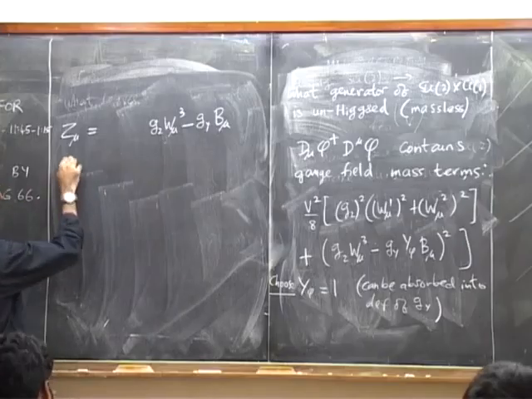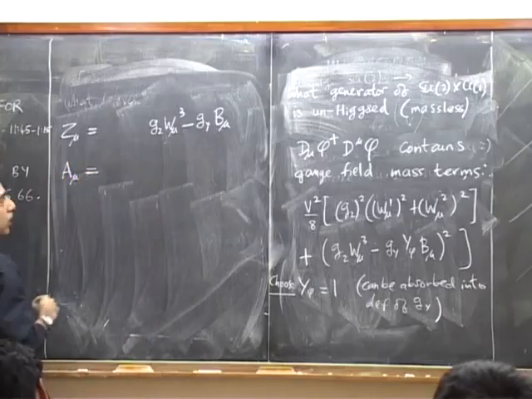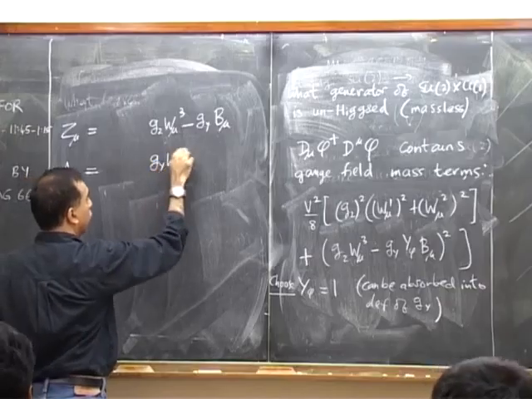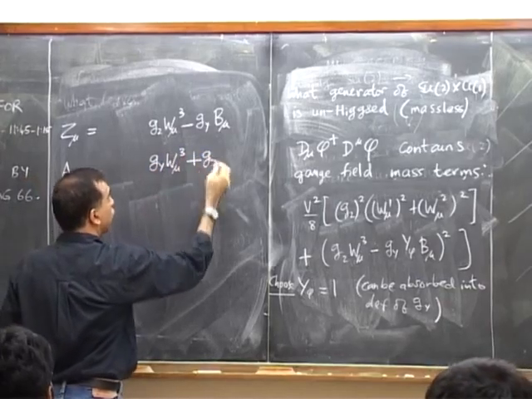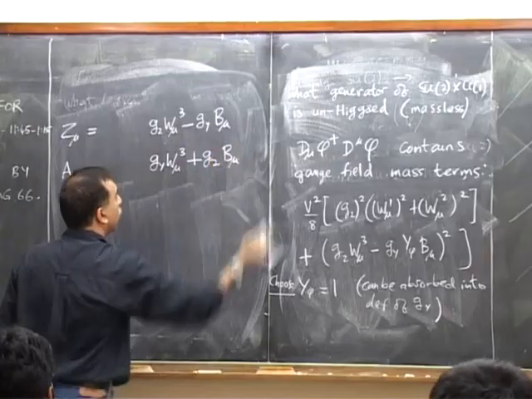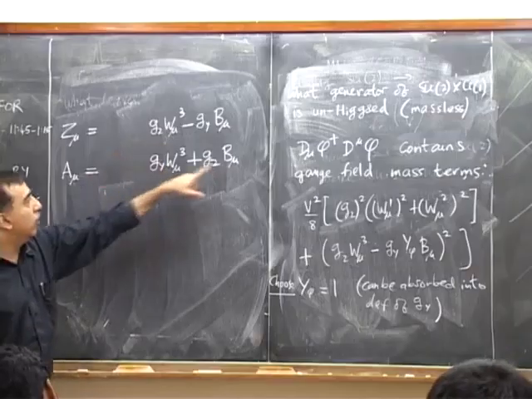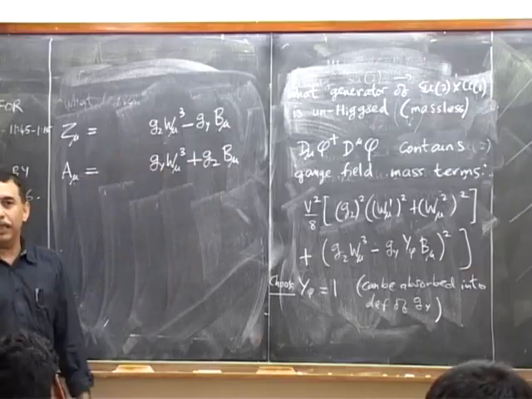The best way to understand how to normalize it is to first write the alternate, or the orthogonal, combination, which is g_Y W_mu^3 plus g2 B_mu. Okay, it's clear that these two vectors in W-B space are orthogonal to each other.